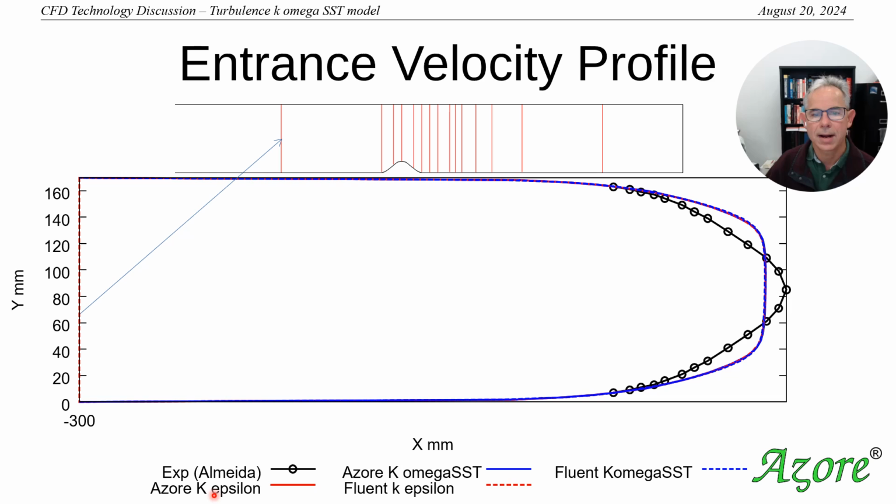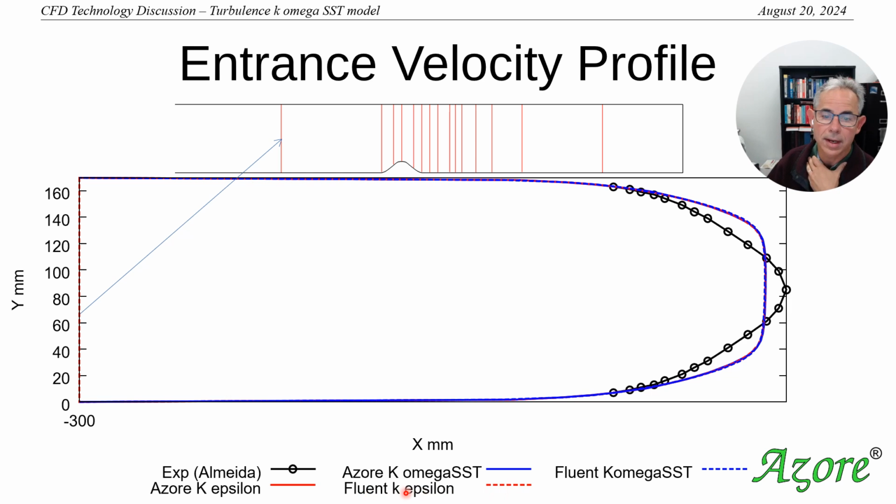And then we have 4 simulations that were run. We have a solid line, which is used for the Azore predictions, and there's a red line for the K epsilon predictions and a blue line for the K omega SST predictions. The dashed lines are used to indicate the Fluent predictions.